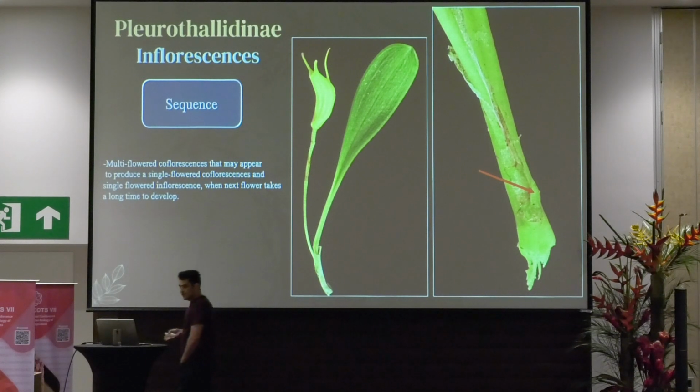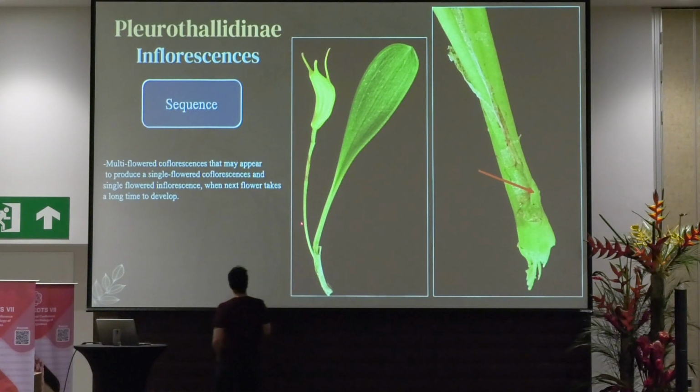Another important thing to mention here is the sequence and how long it takes the inflorescence to produce another coflorescence, because as you know, many species of Masdevallia have been described as producing one single flower inflorescence, which is not the same as producing a single flower inflorescence with single flower coflorescences, because an inflorescence with single flower coflorescences is always a multi-flower inflorescence.